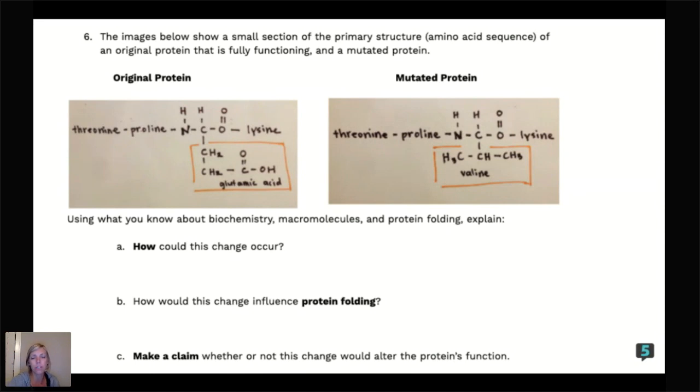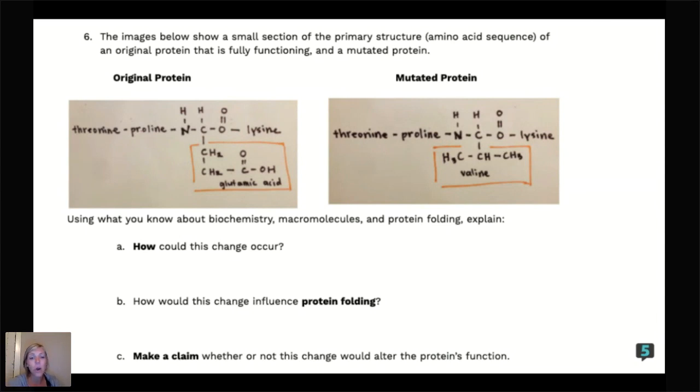This will make a lot more sense once you get into your DNA unit and protein synthesis. The idea is DNA codes for protein. So if my protein is wrong, I can trace it back to DNA. Something happened with the DNA and now my protein is mutated.